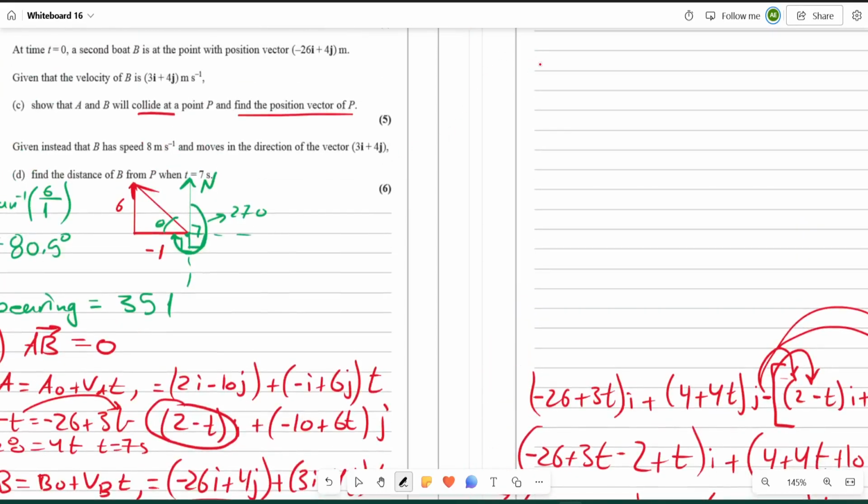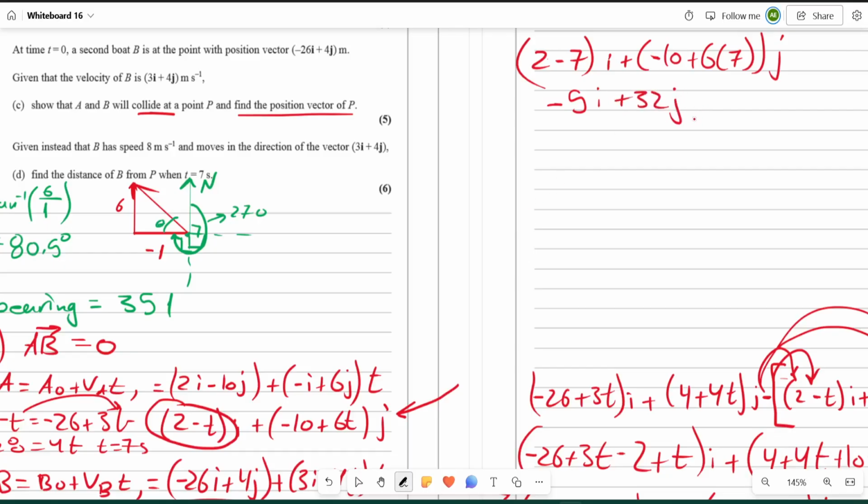So I'm going to substitute it in A. I'm going to have 2 minus 7 in the i, plus negative 10 plus 6 times 7 in the j, and that's going to give me minus 5i, and minus 10 plus 6 times 7, that's going to be plus 32j.